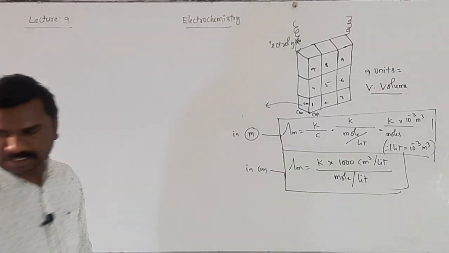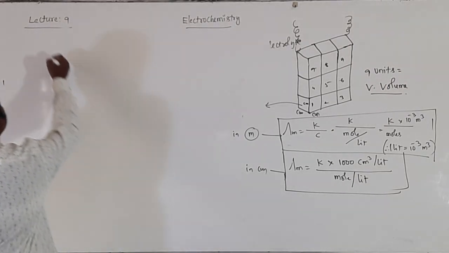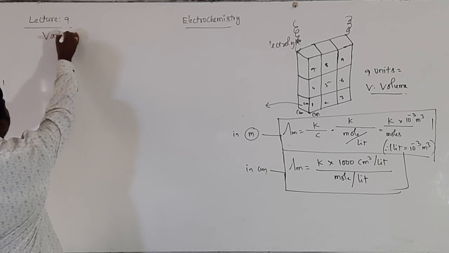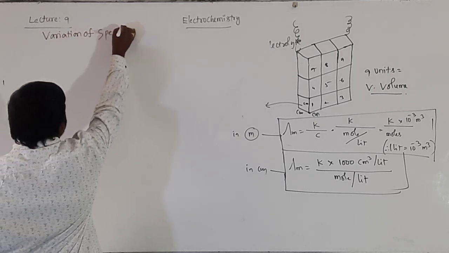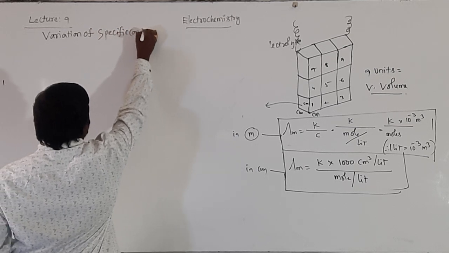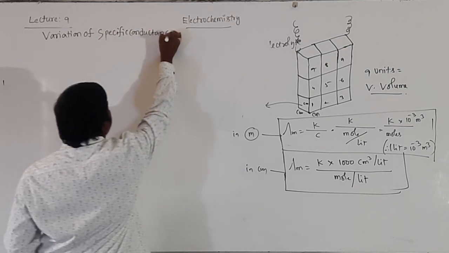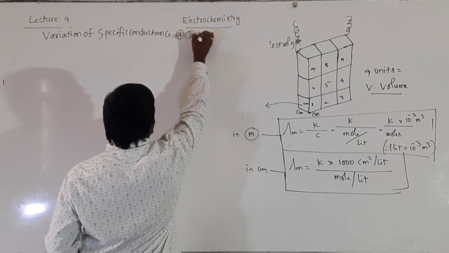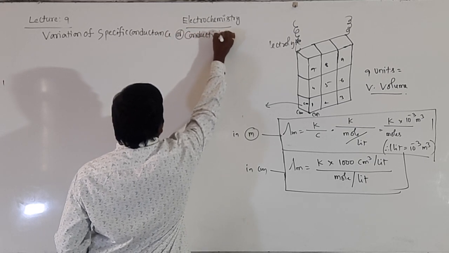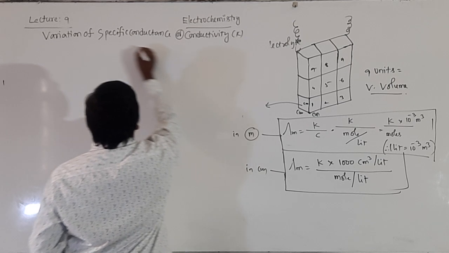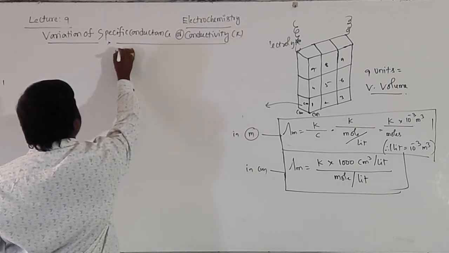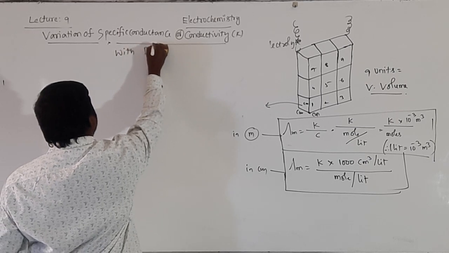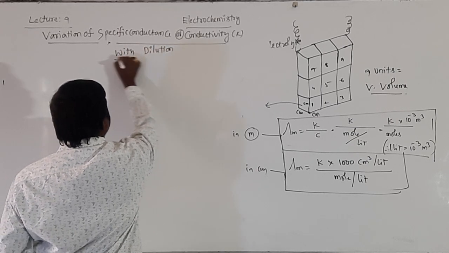Specific conductance is also called conductivity. Conductivity is indicated by K, with dilution.